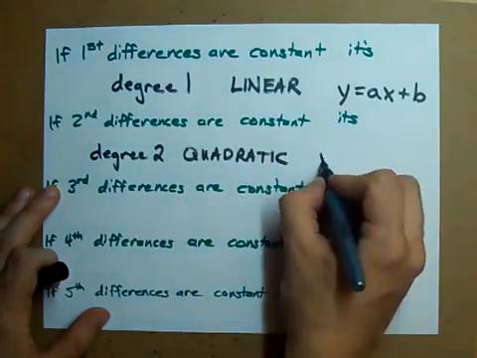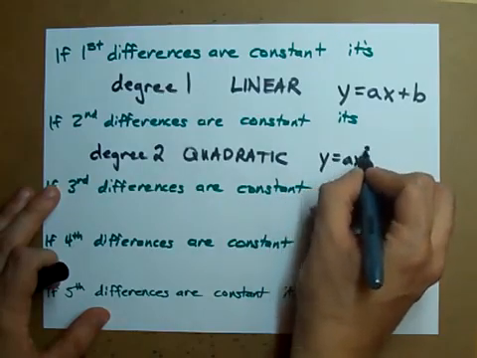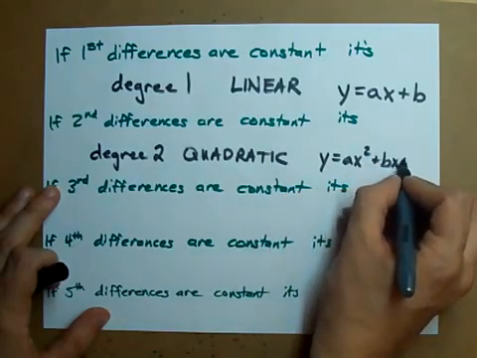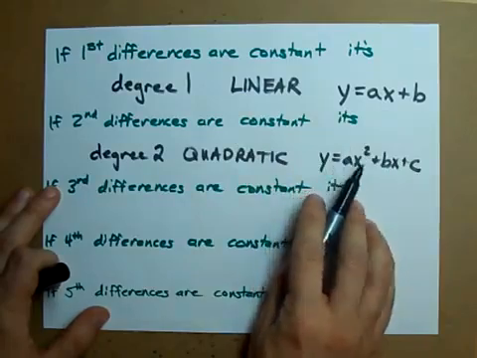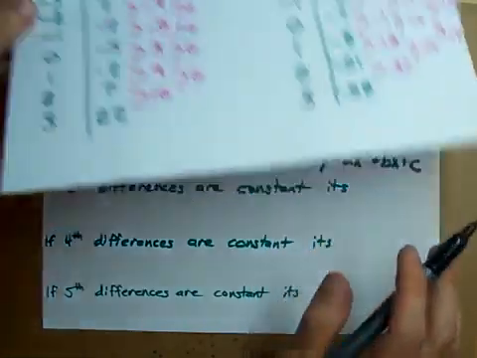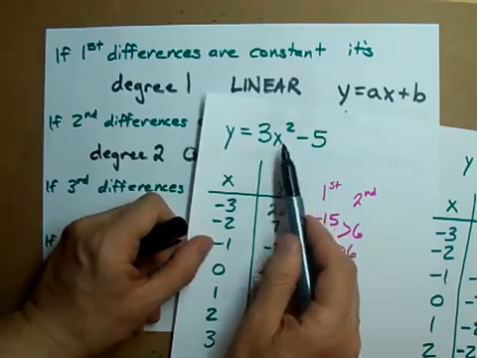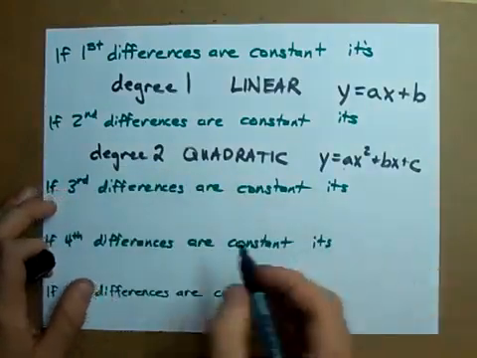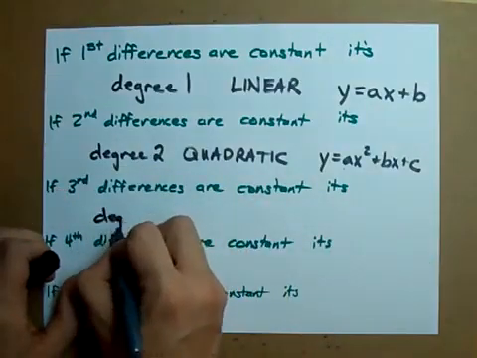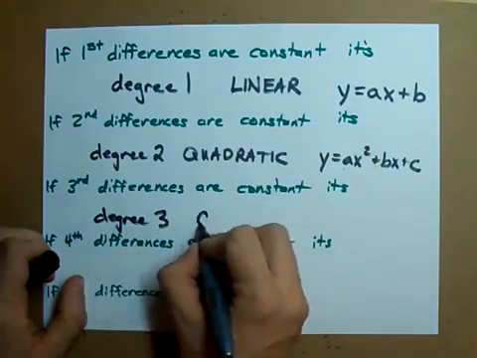The equation for that would have been y equals ax squared plus bx plus c, not knowing what the numbers are here. Here they happened to be, the first one was 3, the last one was negative 5, and the middle one was 0. The third differences were constant when the polynomial had degree 3.